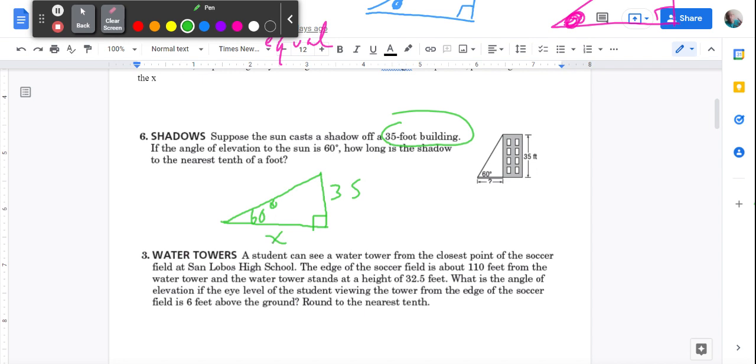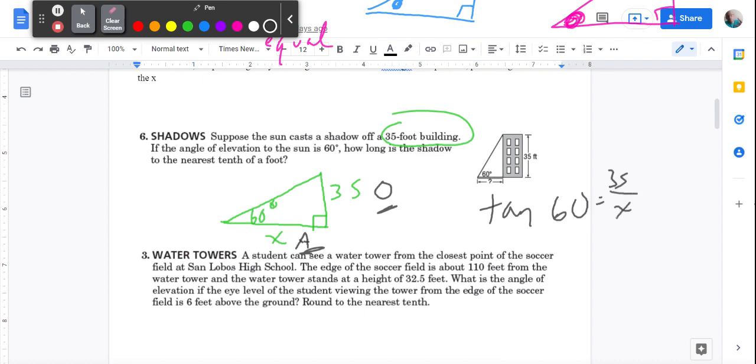So now we have an angle and two sides. For the angle 60 degrees, 35 is the O, the opposite side, and x is the A. So we have O and A, which tells us we're going to use tangent. The formula would be tan of 60 equals 35 over x.